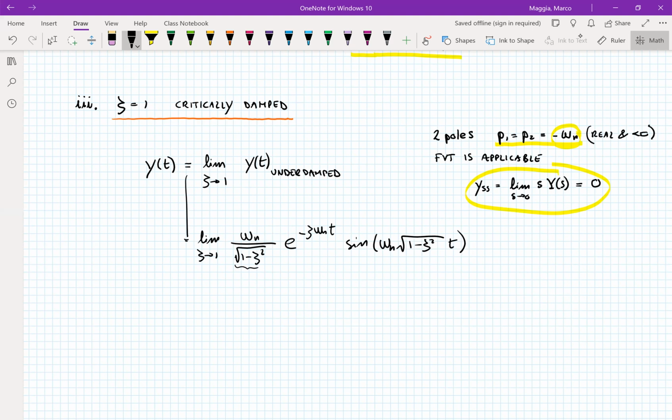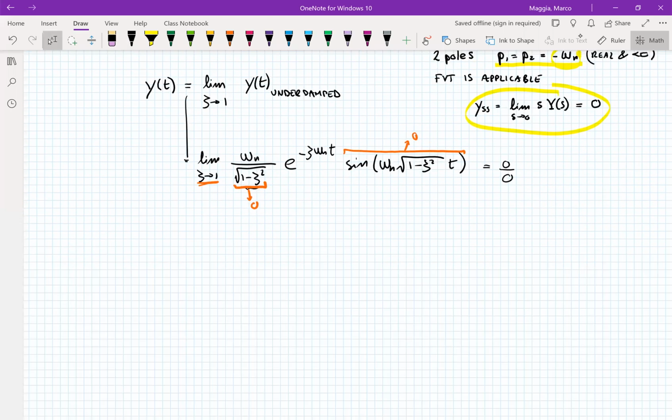As a matter of fact, if zeta was equal to 1, then as I said, this denominator will go to 0, but also the sine function will go to 0. So technically here we have a 0 over 0, which is undetermined. However, we can use this trick here.